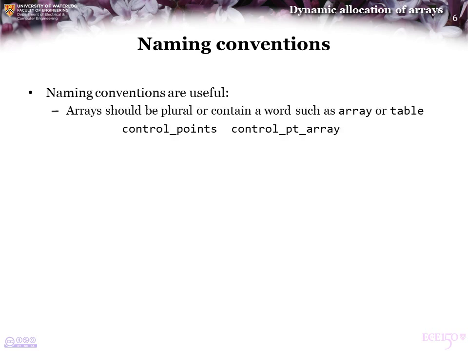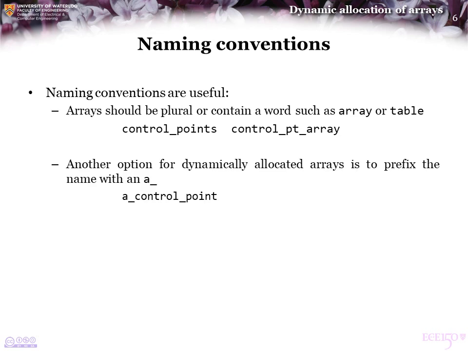Arrays should be some sort of plural word indicating some sort of collection, or may contain the word array or table within it. Alternatively, especially if you're dealing with dynamically allocated arrays, you could prefix the identifier with an a underscore to emphasize that it is a pointer, but is a pointer to an array.